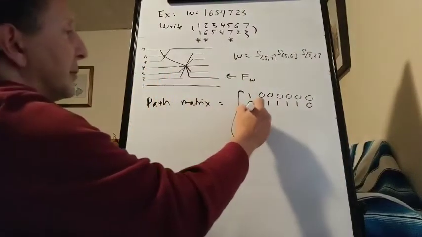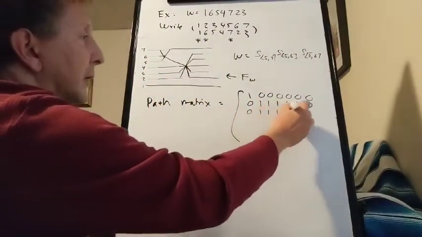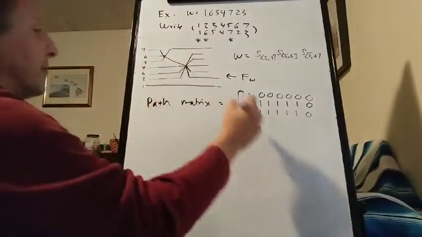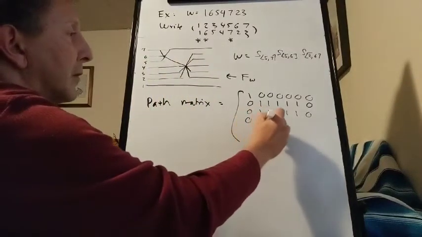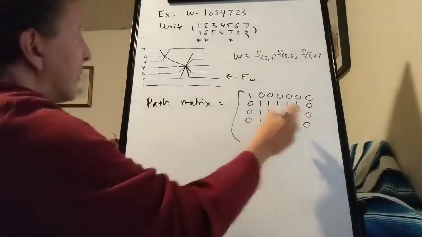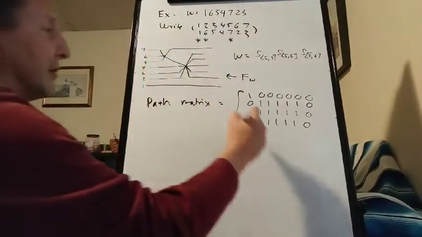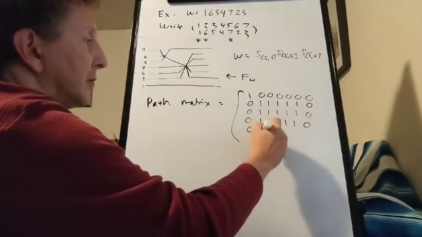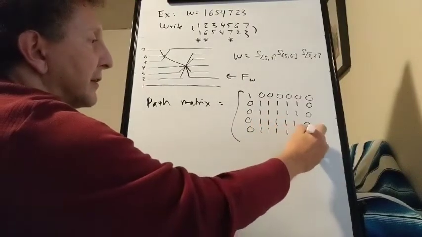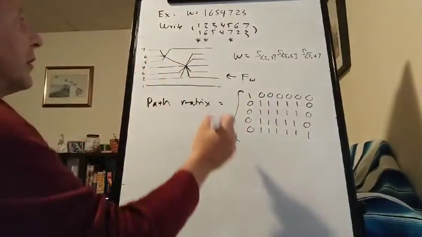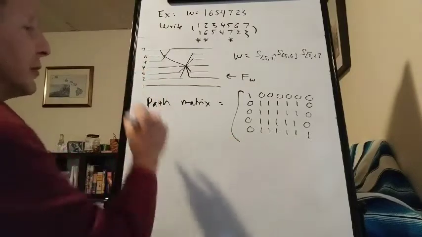Three can go to the same places, and so can 4. 5 goes to any of the same places, and it can go to 7: 2, 3, 4, 5, 6, and 7. 6 can go all the same places that 5 can, and so can 7.